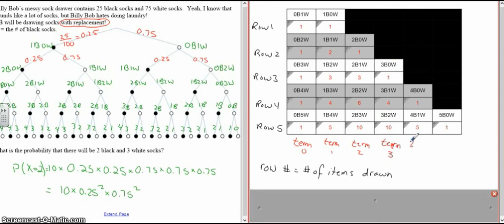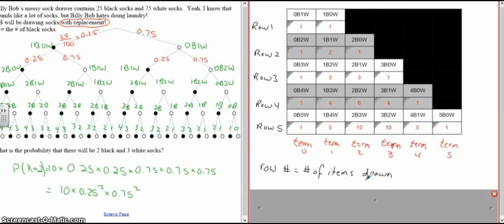And this is term 4. And this is term 5. Remember that you have to start your terms at 0. Technically, we have to start our row at 0, but that would be a case of drawing no socks, so that didn't really have any relevance to our question.